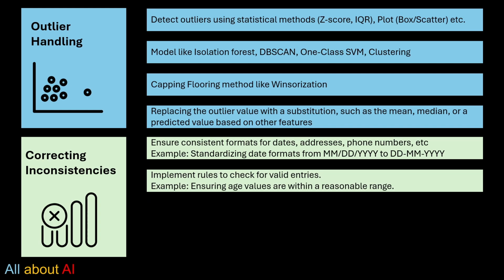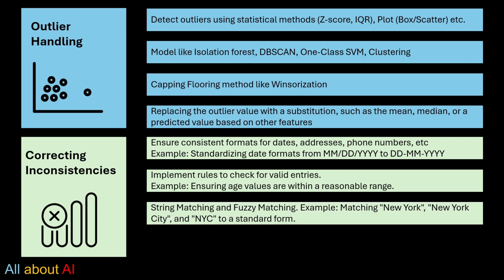Also, it is required to implement rule checks to validate that entries are legitimate. Say age. We know the age cannot be less than 0 or, say, more than 120. If something is beyond that, we should have a mechanism to fix it. Then string matching and fuzzy matching.